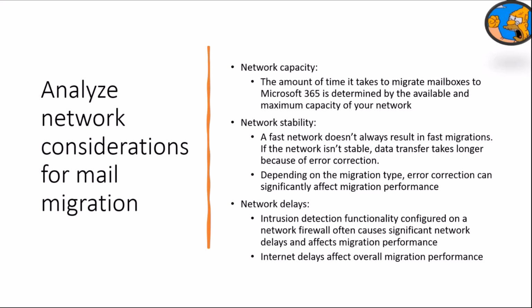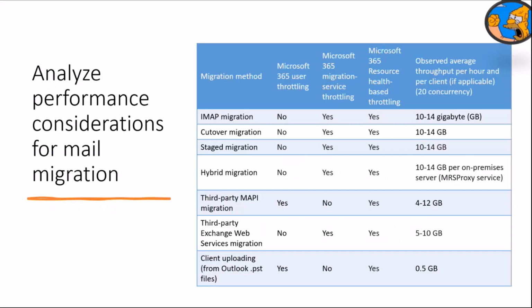Depending on the type of the migration, there is some form of estimation that Microsoft provides of how long it will take us to migrate certain chunks of data. For example, it depends on what we choose, whether it's IMAP, cutover, staged, hybrid, or whether we use third-party services, and then we need to migrate to Microsoft 365. So there will be a form of throttling applied from the Microsoft 365 service side.